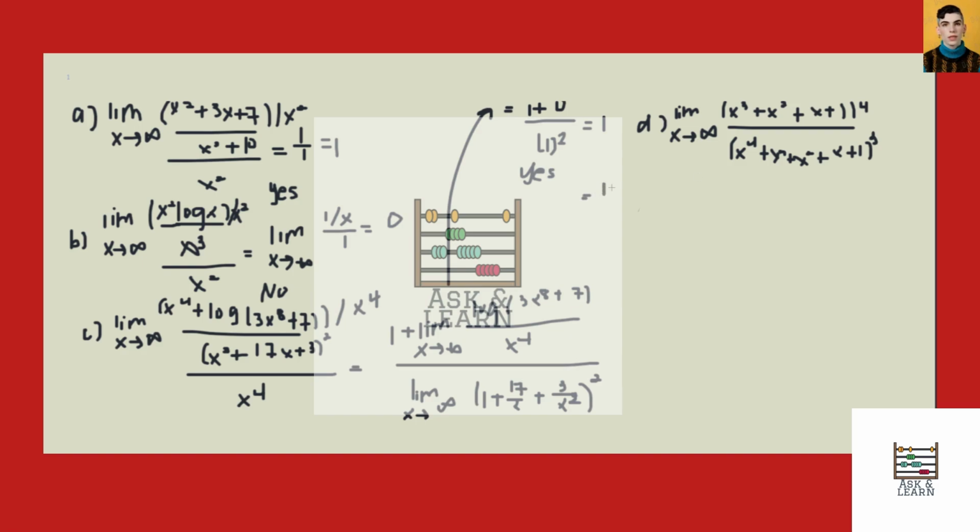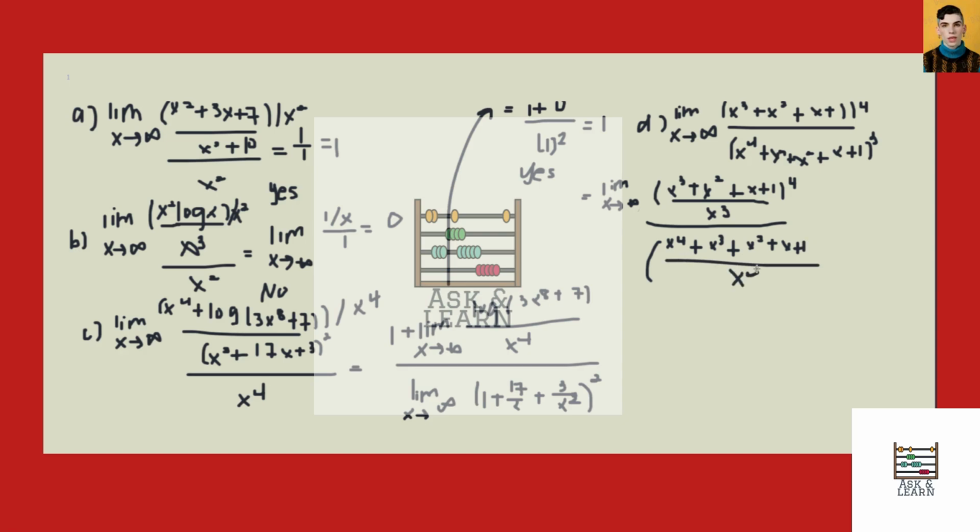So we get the limit as x approaches infinity for x cubed plus x squared plus x plus 1 all over x cubed, this is to the 4th, divided by x to the 4th plus x cubed plus x squared plus x plus 1 all over x to the 4th.